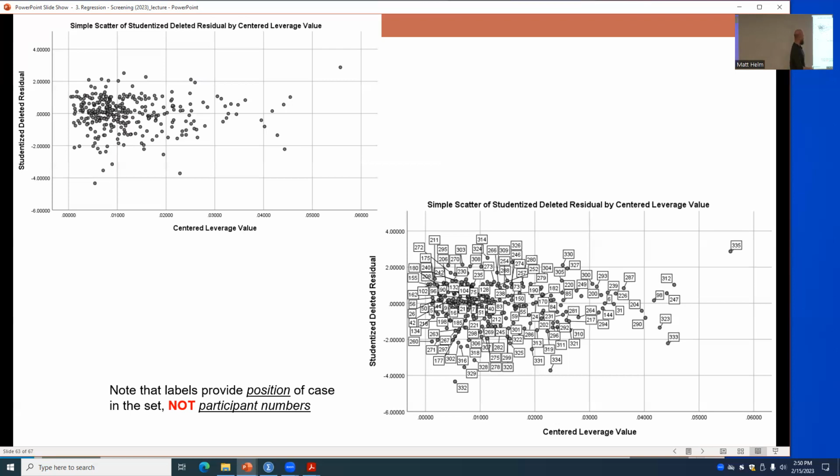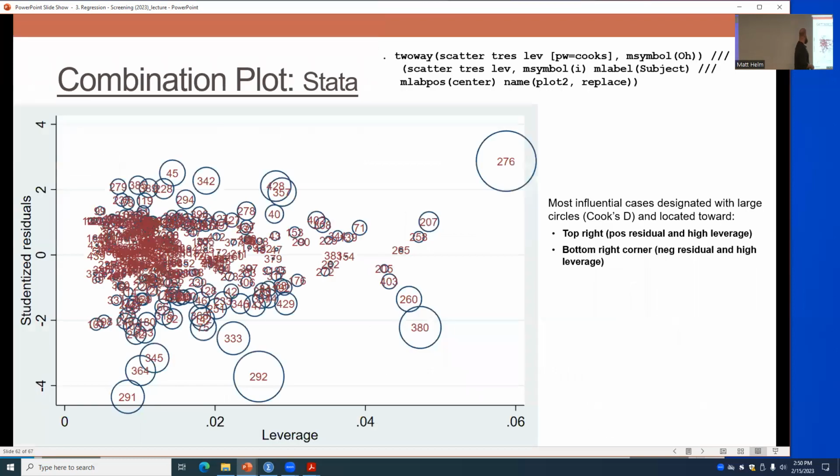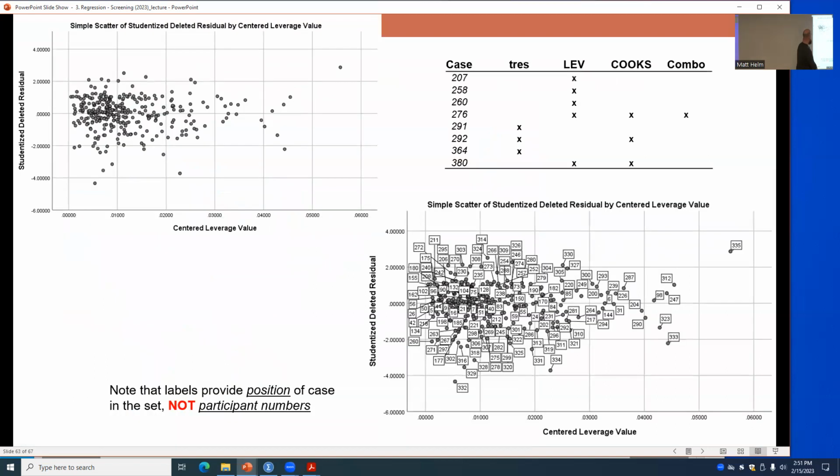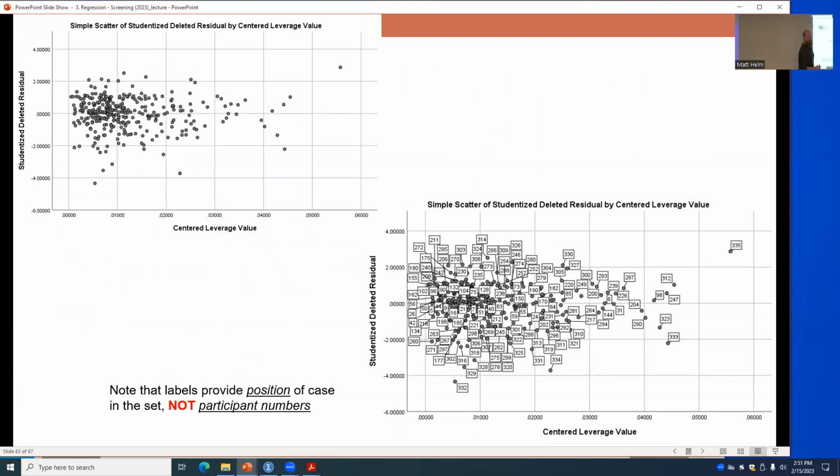It's the same plot. It's a little different in that we've got studentized residuals against leverages. Your leverage values in SPSS are centered leverages, so they're going to be a little bit different. But it's basically just a different representation in the program that you're using. Okay, cool.